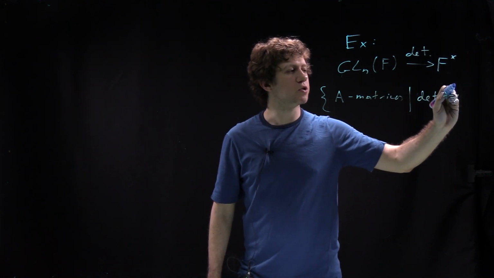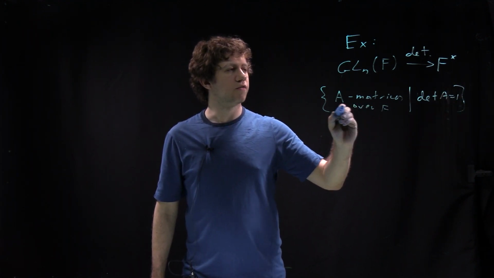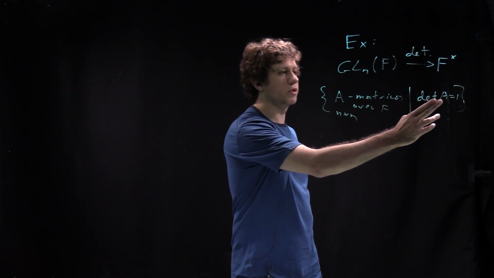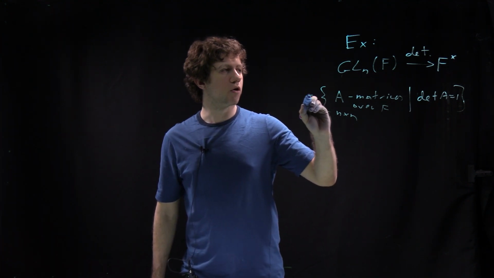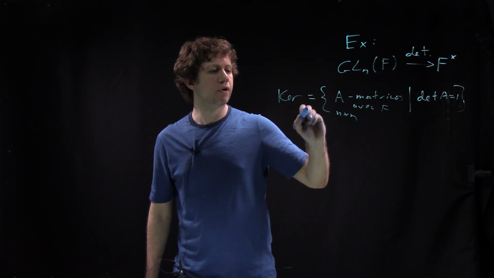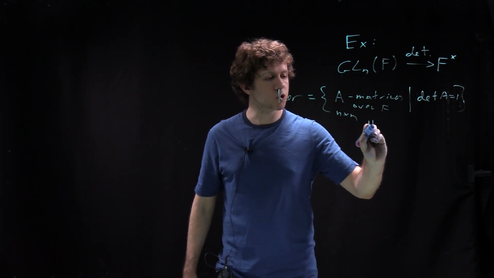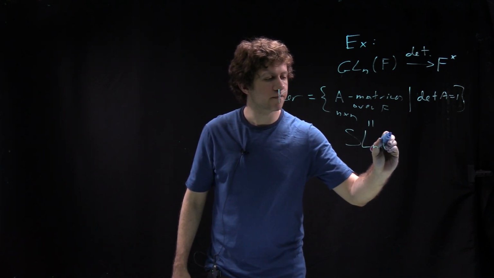And I don't even need to say that over F they are of size n by n, that they are invertible, because if the determinant equals 1, it means they are invertible. So this is the kernel of my map, and it's a subgroup. So the subgroup of matrices with determinant 1, and its name is SLn of F.